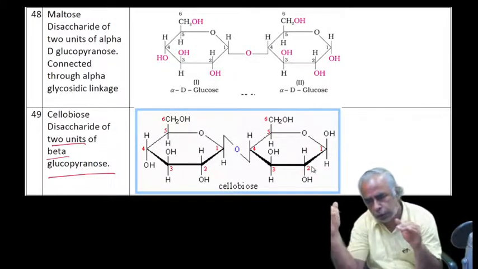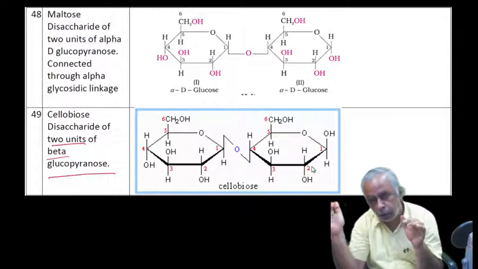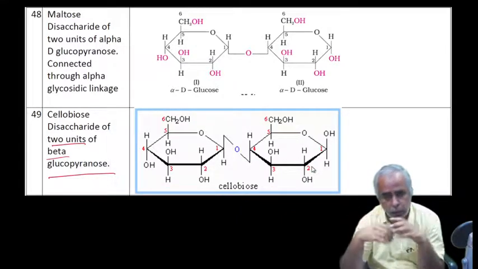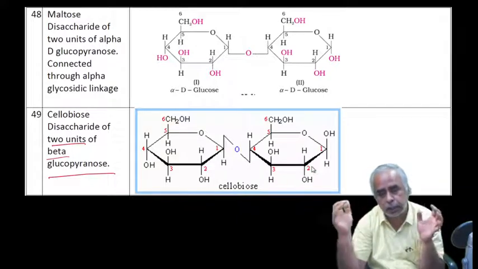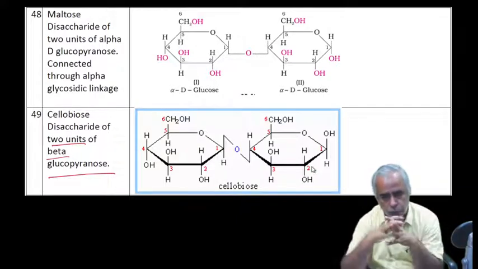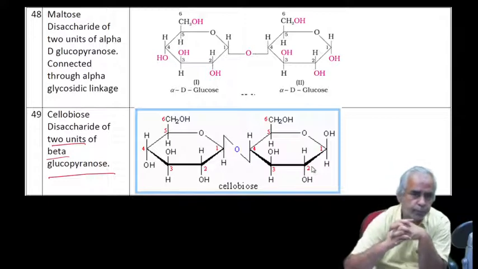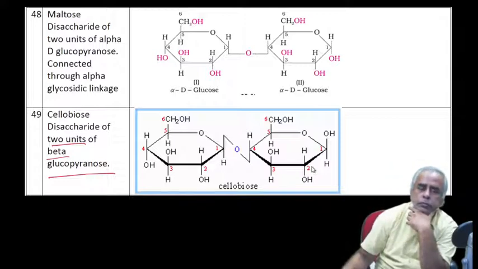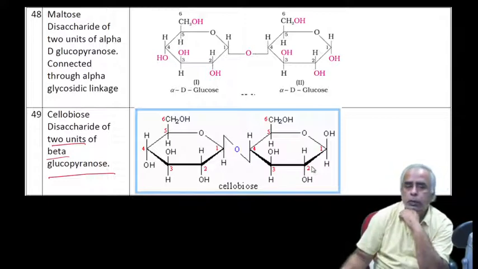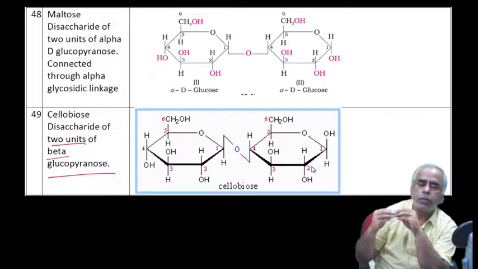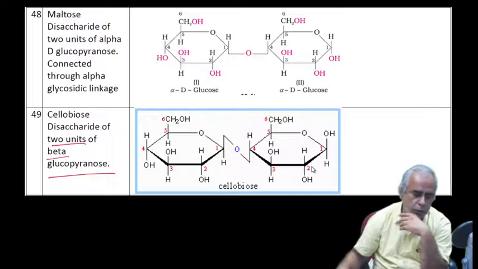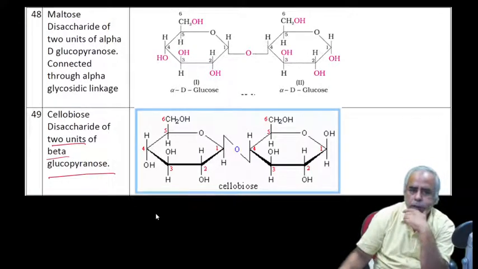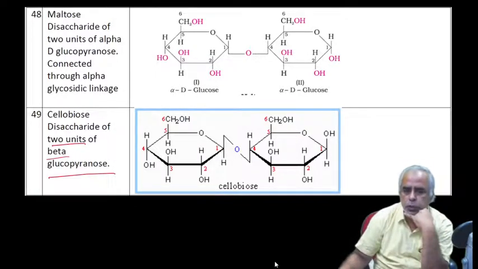Here it goes as a linear polymer, in that case a dimer only. Now several cellobiose can result in cellulose. Do you understand? And that is why it forms a fiber-like structure. And as you know, these cellulose fibers are very popular.